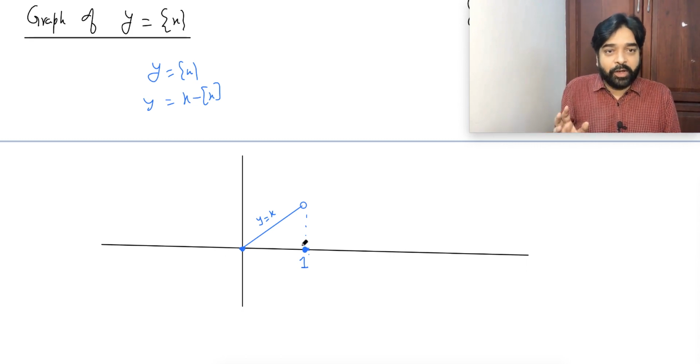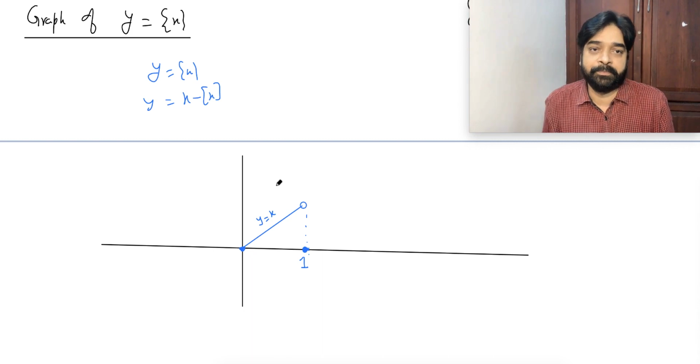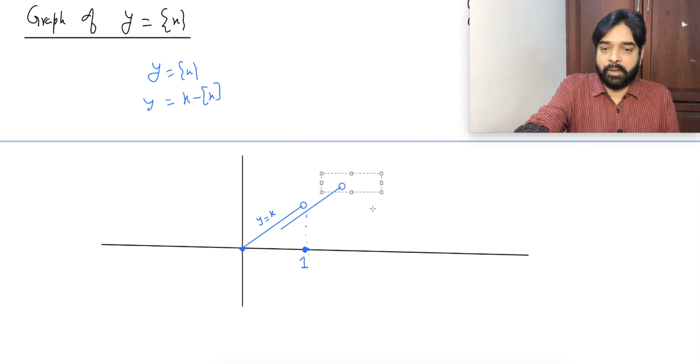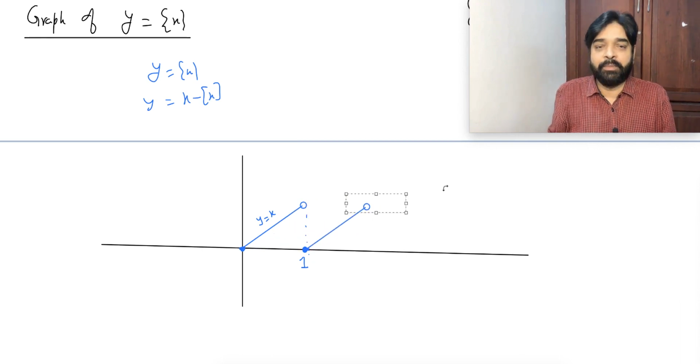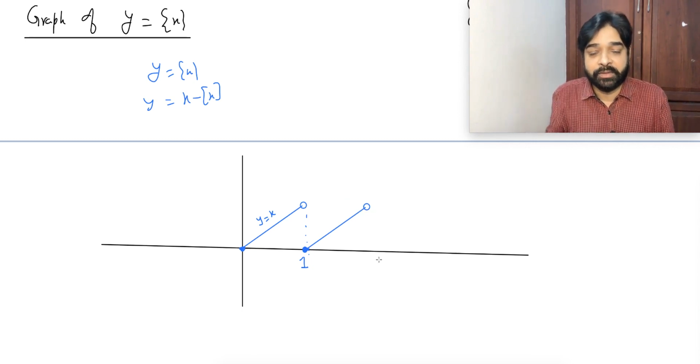Now I want y equal to x minus 1. The same graph I will shift 1 unit towards the right. This graph I will shift from here 1 unit towards the right, because x minus 1 means 1 unit right.